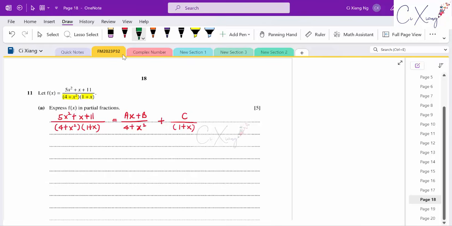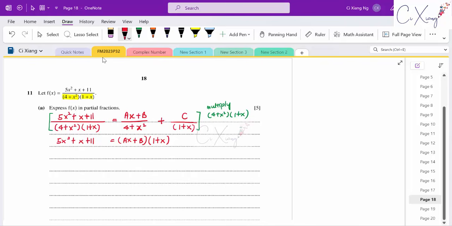Multiply the whole equation by the denominator, 4 plus x squared and also 1 plus x, to get rid of the denominator. If I multiply it, I will have 5x squared plus x plus 11 on the left-hand side, and for the ax plus b, I cancel off the 4 plus x squared, therefore we have 1 plus x for this term.